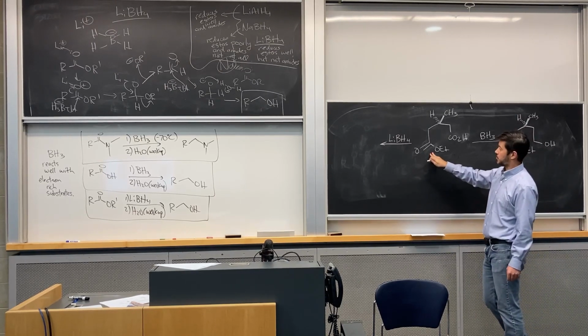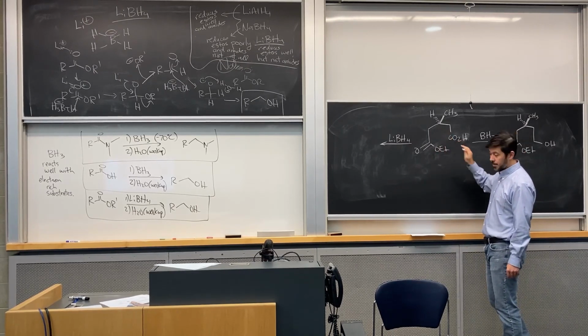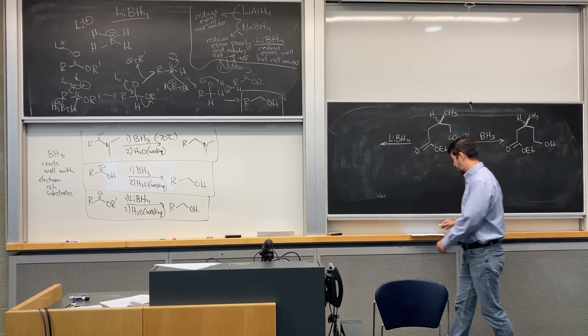Lithium borohydride reacts well with esters. We just went through that mechanism, but it will not reduce carboxylic acids very well. So what we will end up generating here is a primary alcohol.